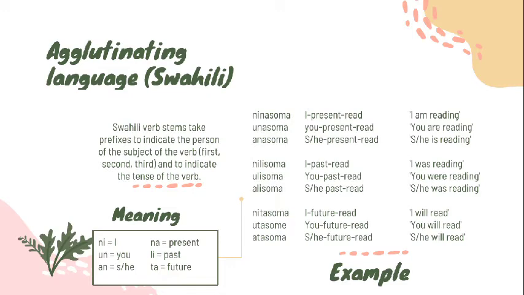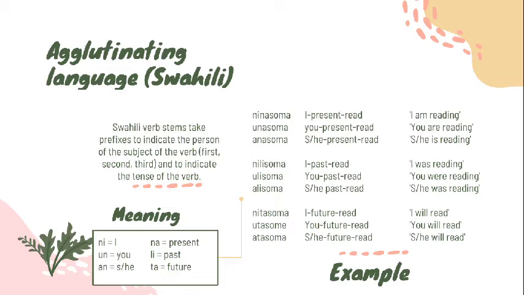For instance, if you say "Ninasoma," ni means I, na means present tense, and soma means read. So it means I am reading. And if you want to say you were reading, the ni part changes to u and the na part changes to li.